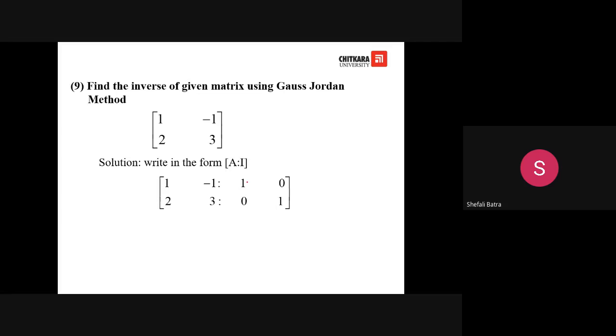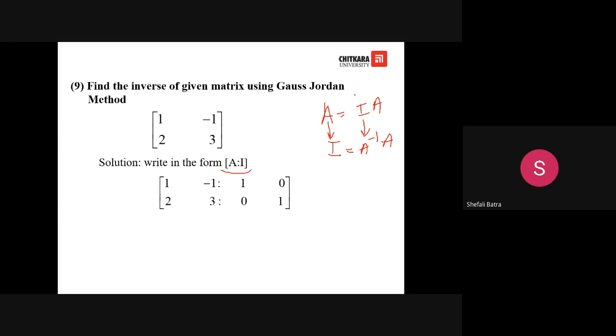Why am I writing this in this form? I told you, you can write a given matrix as identity into A. Our task is to apply elementary row operations and convert this matrix into identity matrix, and corresponding to that, whatever you are getting here would be your inverse matrix, right?